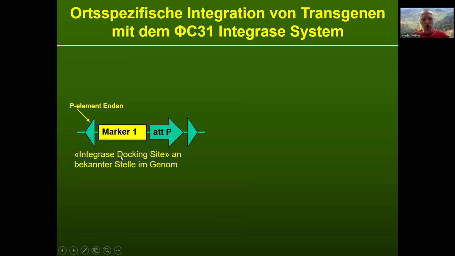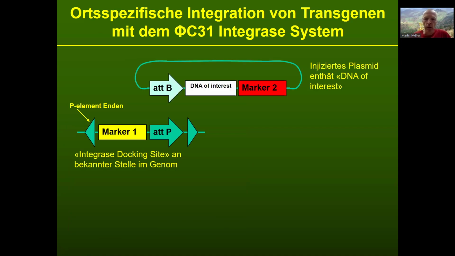You make a transgene, as I told you before. This is called the integrase docking site. You can map it, and you know it's there in the genome. That's where I want to insert all the other constructs you have been making. These constructs contain a second marker, your DNA of interest, which you want to study, and the attB recombination site.